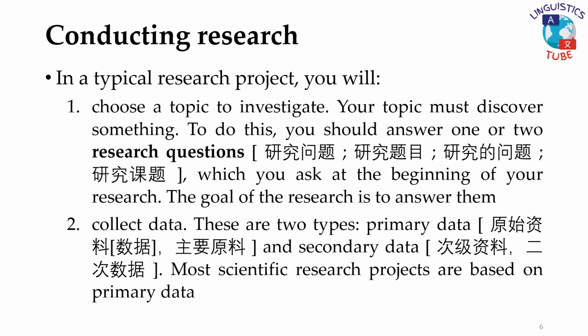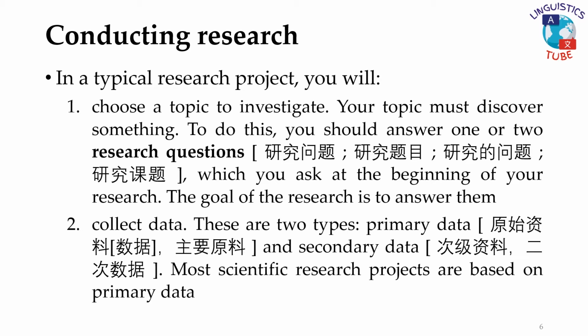These one or two questions are called research questions. You will ask them at the start of your research, and the purpose of your project is to answer them. In the video in this series about the structure of an academic article, you can find more information about research questions.